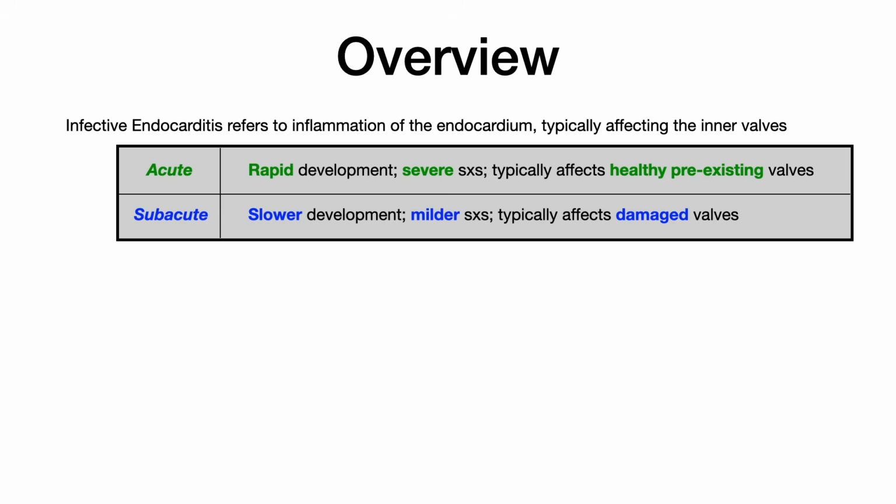Subacute endocarditis tends to affect some type of pre-damaged or defective valves. So bottom line here, acute endocarditis is rapid, severe, affecting what was previously a healthy valve. Subacute is slower, more insidious, milder, but it's affecting damaged valves that existed in their pre-damaged state before the endocarditis occurred.